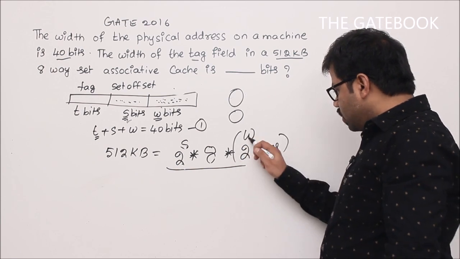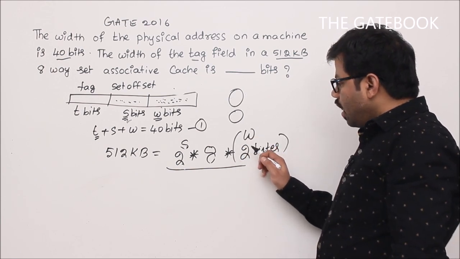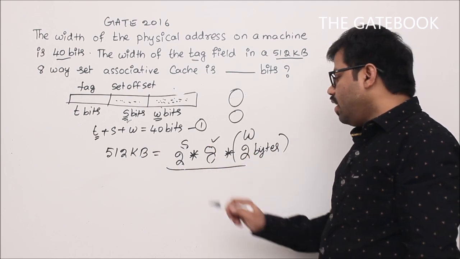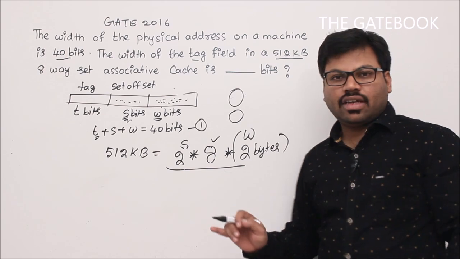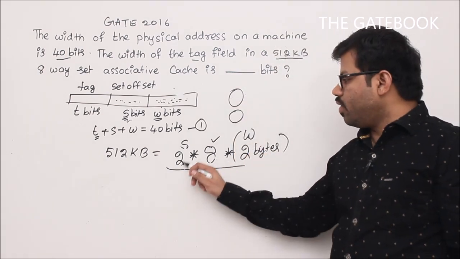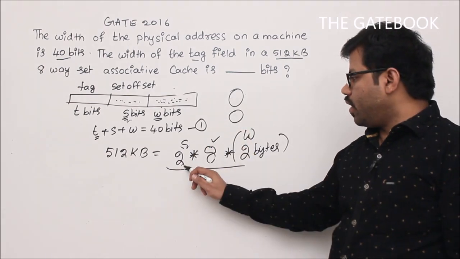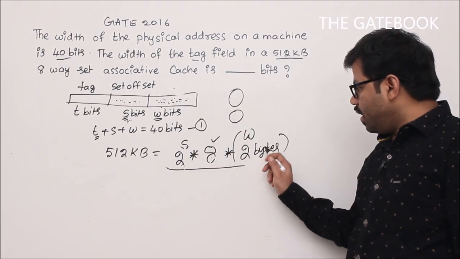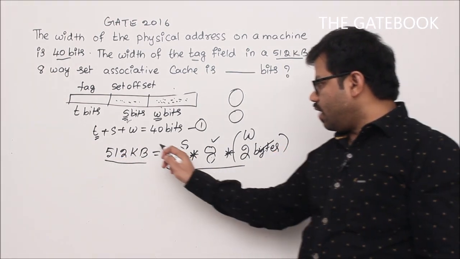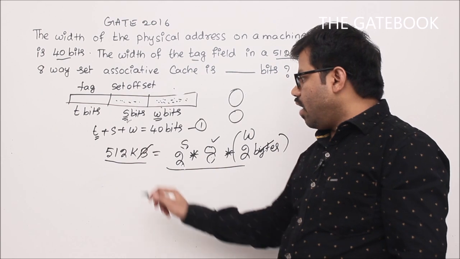So I can say like this now finally. Each cache block has 2 power W bytes, and how many such cache blocks we have in one set? 8, right? 8 into 2 power W bytes are number of bytes in a set. How many such sets we have? 2 power S. So finally 2 power S into 8 into 2 power W bytes equal to 512 KB. Now here we have bytes, here we have bytes, gets cancelled. Then we have 512K.